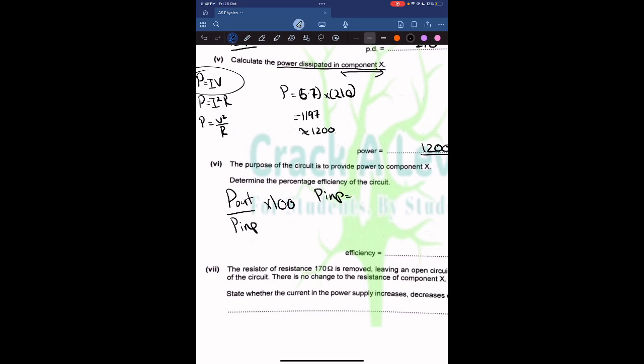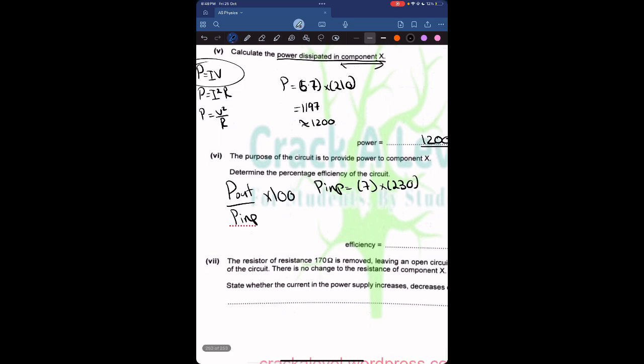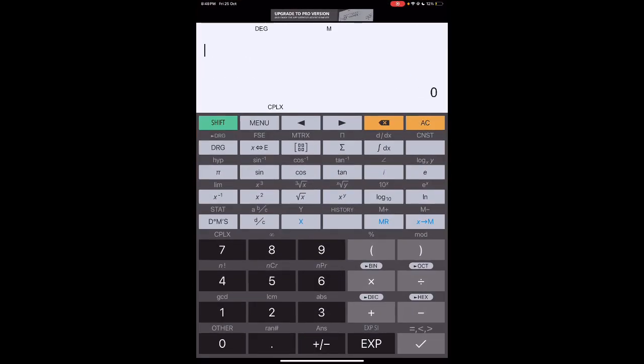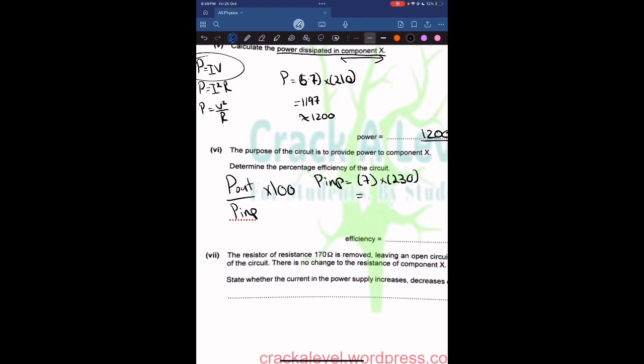Well, what is happening? So I know the input power, the total current is 7, and 230, the total voltage that was given to me. So 7 into 230, that I'm getting 1610.